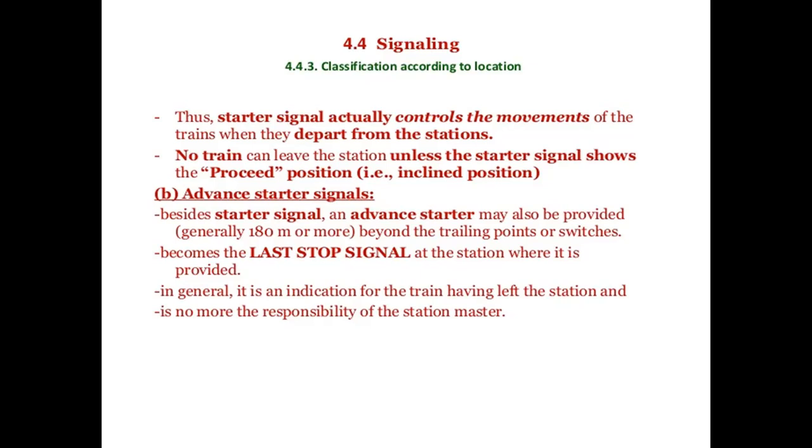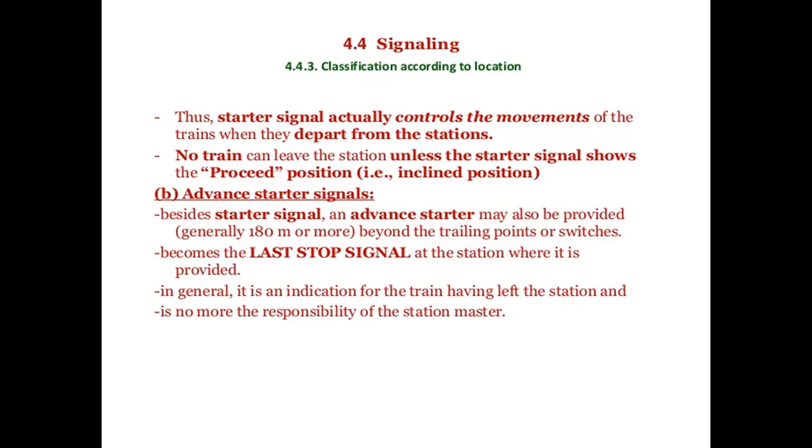In the vertical position, it shows proceed with caution. We have to maintain the speed limit and proceed through that station, taking particular cautions while crossing that junction or the station.